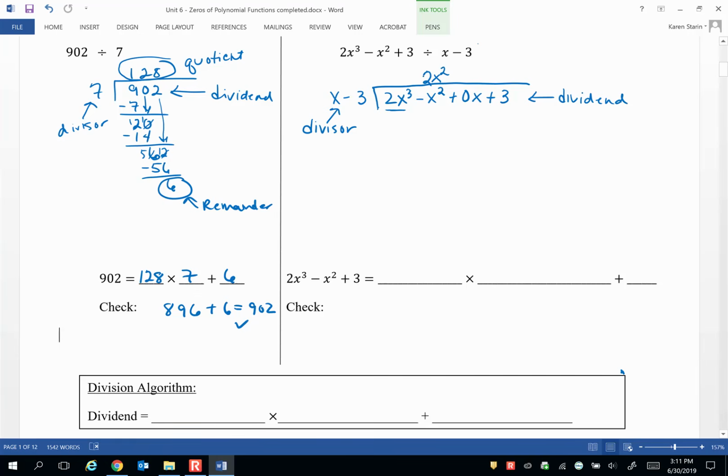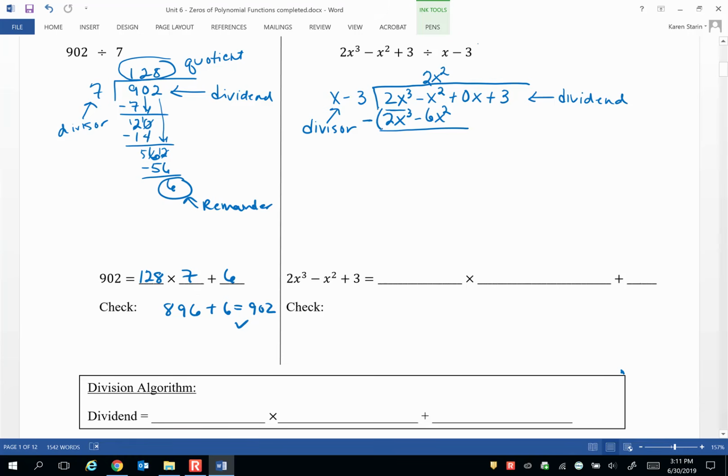Now I'm going to go back to the process. 2x squared times x gives me 2x cubed. And I still have to distribute this to the minus 3. So I have 2x squared times minus 3, and that gives me minus 6x squared. Notice I have vertically aligned all like terms throughout this process. Now here's the trickiest part.